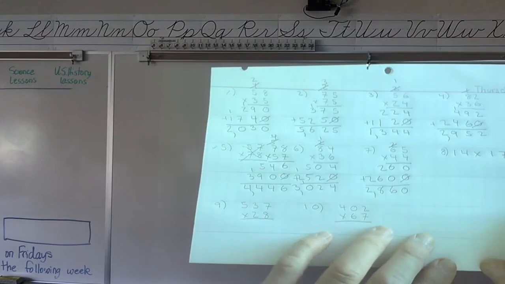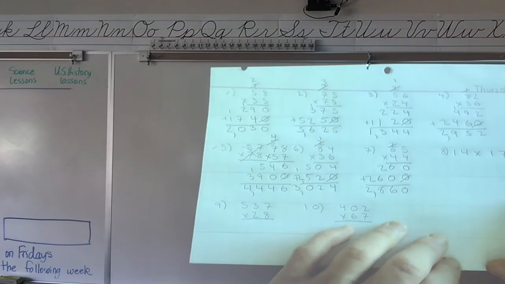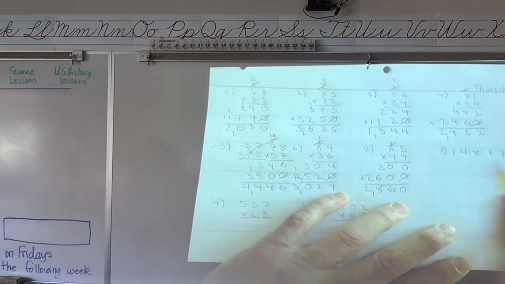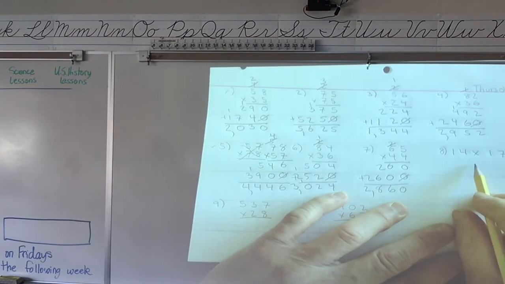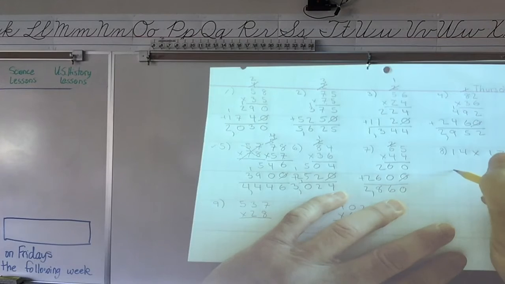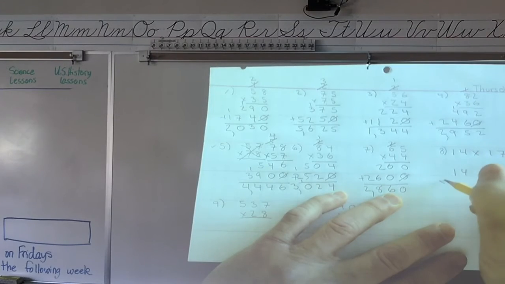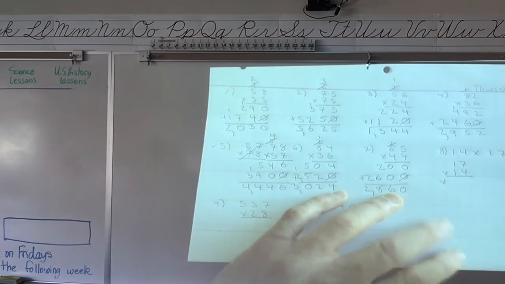2,860. I don't know if your teachers have told you this before either, but anytime I see a problem where it's written across this way horizontally, I don't know why it's very difficult to multiply. So what I'm going to do is rewrite this as 14 times, well actually, I want to write the larger one on top, 17 times 14, and do it that way.